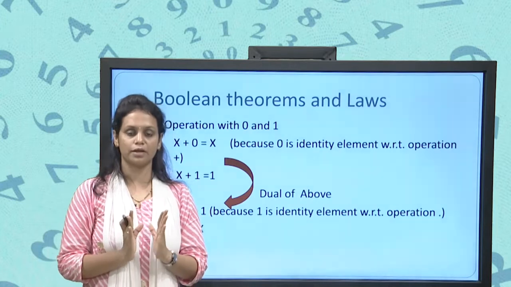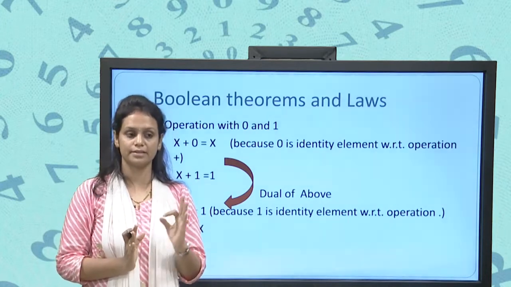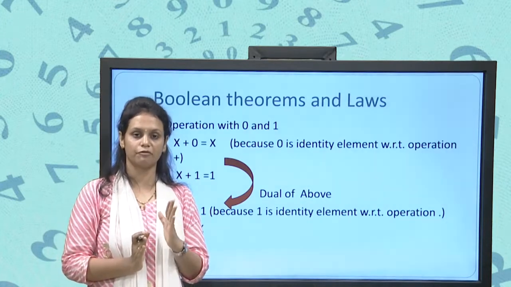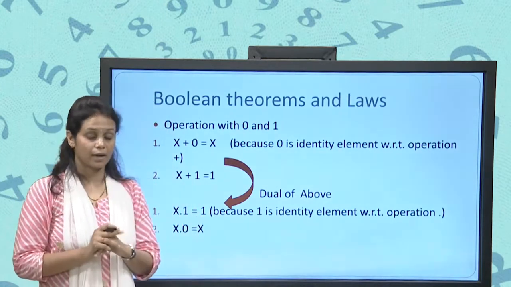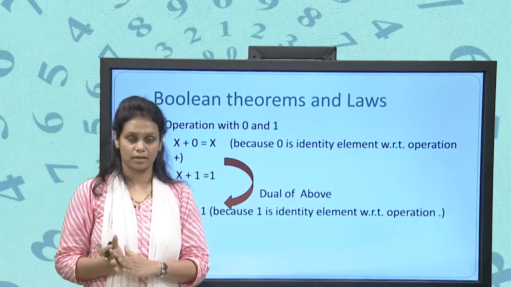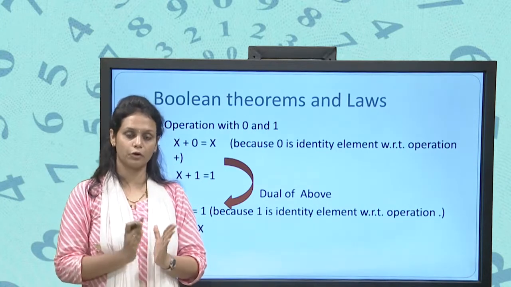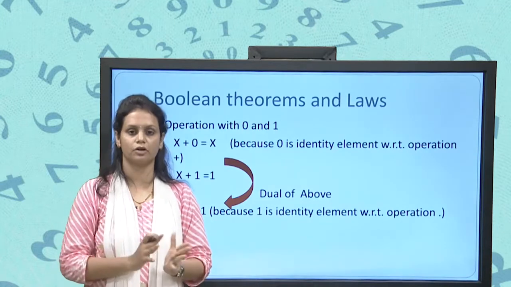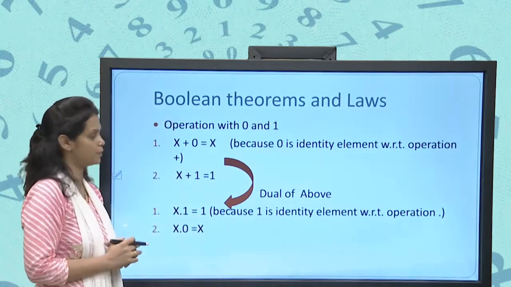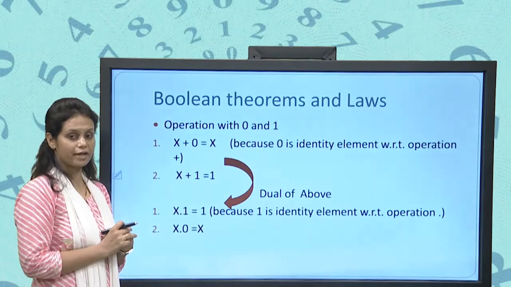Same way in the Boolean algebra, we will consider 0 as the smallest element and 1 as the highest element, right, okay, plus as the union, and dot as the intersection, and we will perform the operation. So, what is the output of x plus 0?